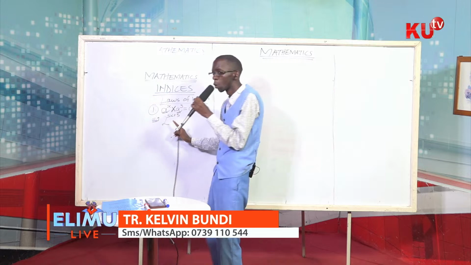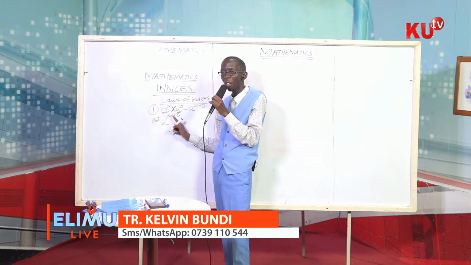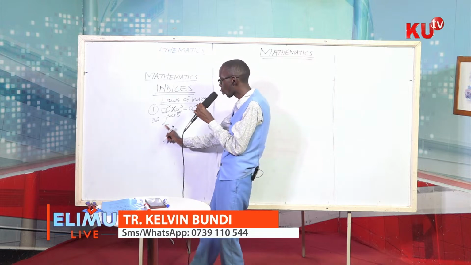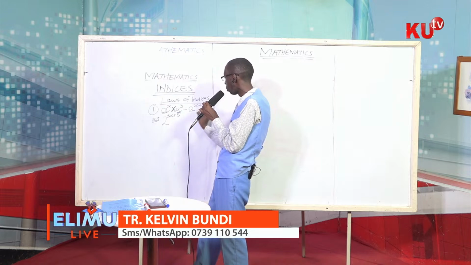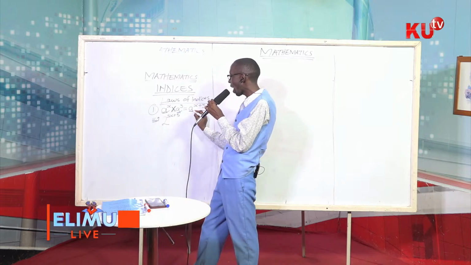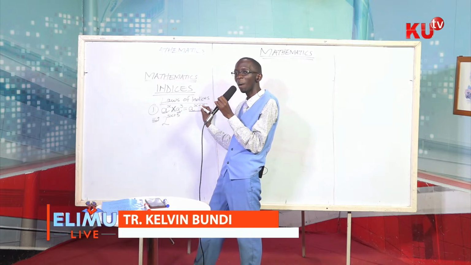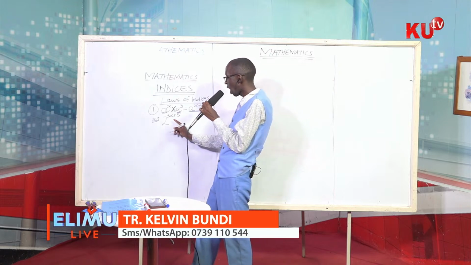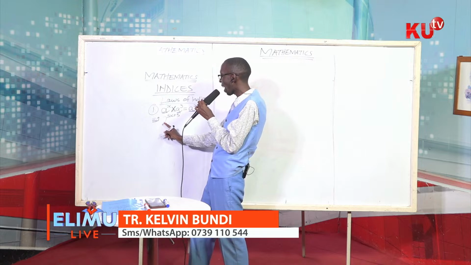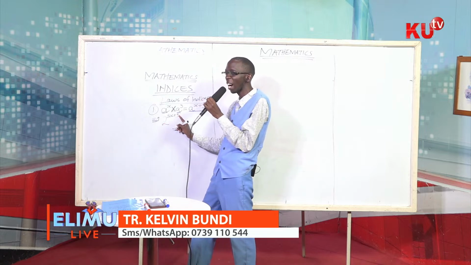For example, if given a question like 2 to power 3x plus 5, it is in the form a to power x plus y. So how can we separate the 3x and 5?